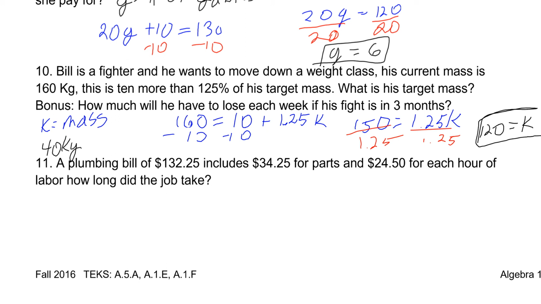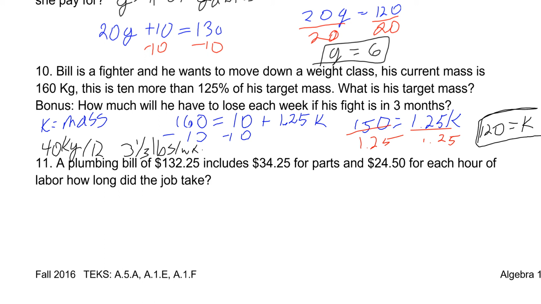So we divide that by 12, and that's going to give us he needs to lose 3 1/3 kilograms per week, if that's when his next fight is. It's not horrible, right?